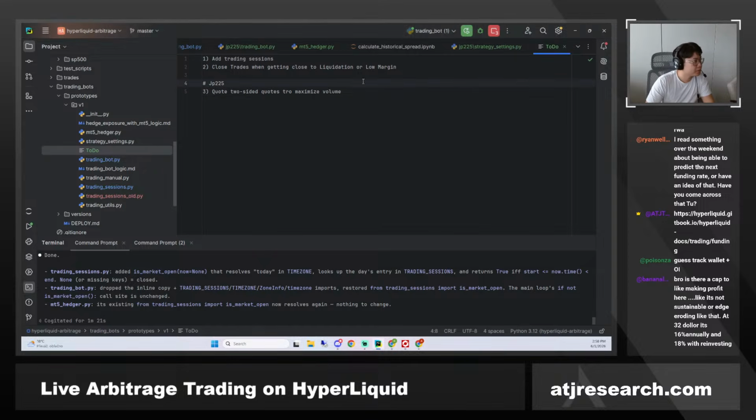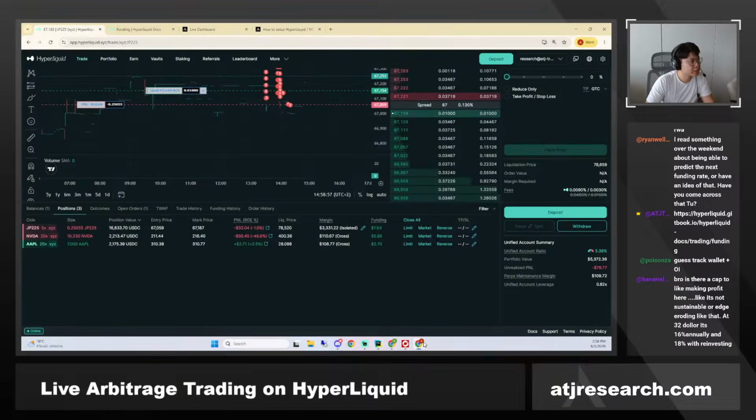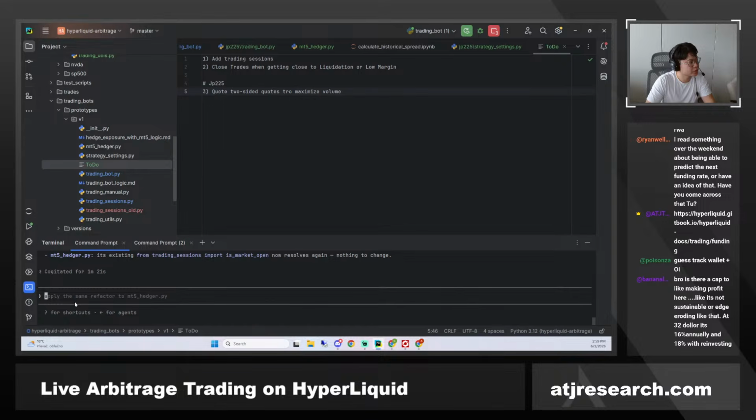Okay. I think the best way to actually monitor the liquidation price is to maybe just add it into the open positions. Or first, let's add it to the trading bot.